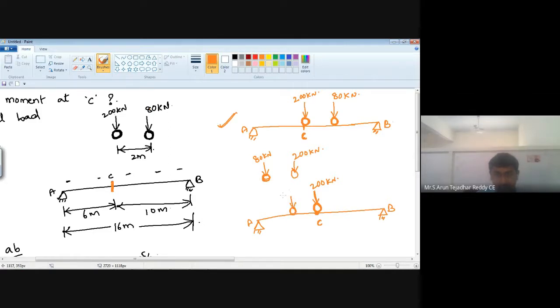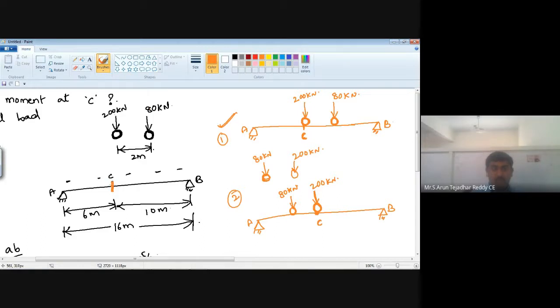See, observe clearly the first diagram, the second diagram. Observe the first diagram and second diagram. Now it is clear. So already we calculated the maximum bending moment.